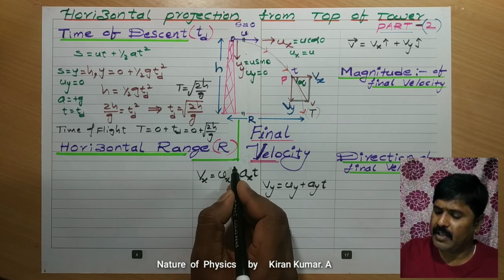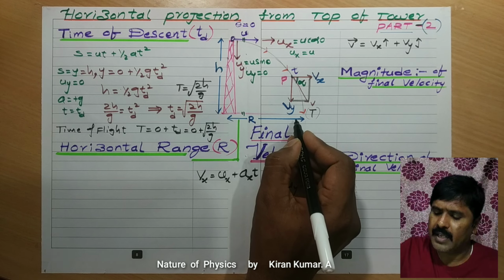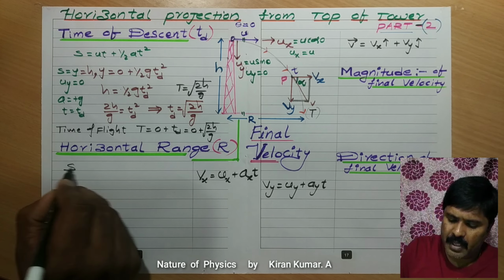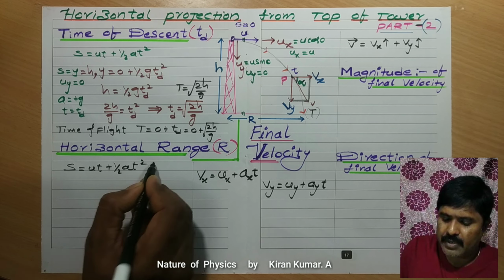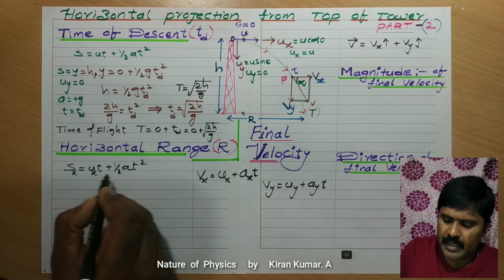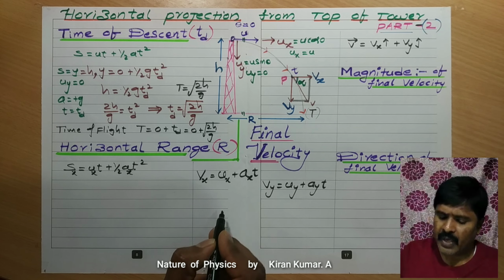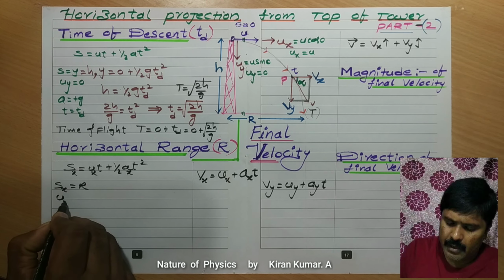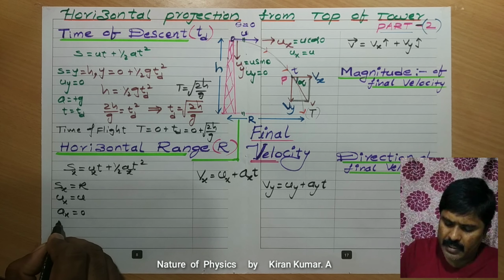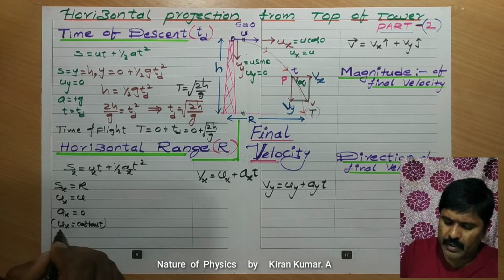And horizontal range capital R, student, this is the horizontal range. For horizontal range also we use the same formula, S is equal to ut plus half at square, student. Considering the horizontal direction, that's why here sx, ux and ax, student, and the values are replaced there. Sx is equal to horizontal range R, and ux is equal to u, and ax is equal to 0 because ux is constant and the differentiation of a constant is 0.